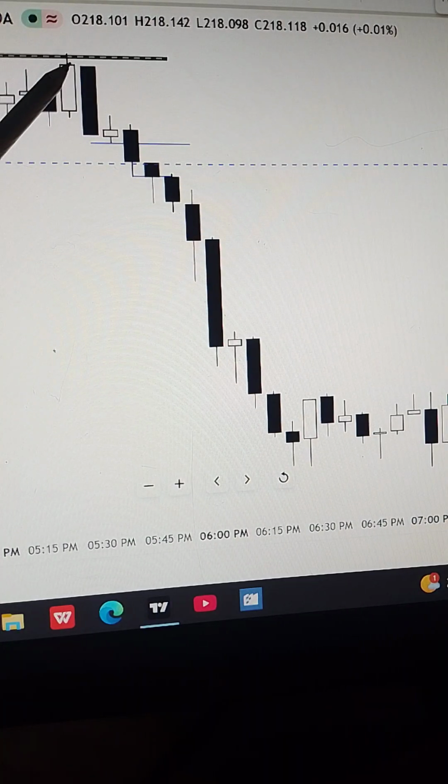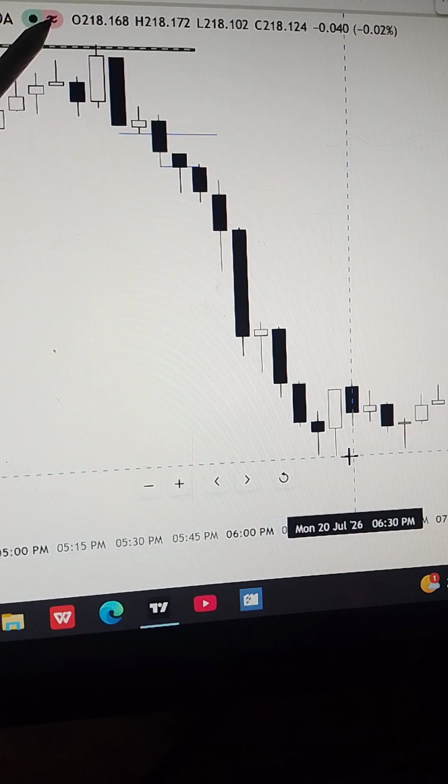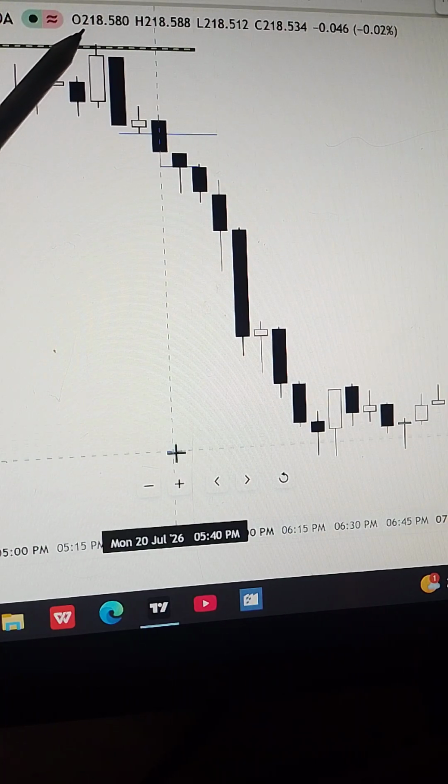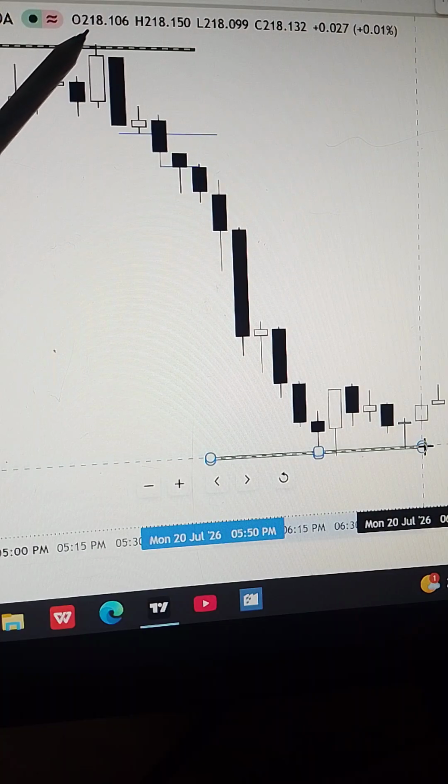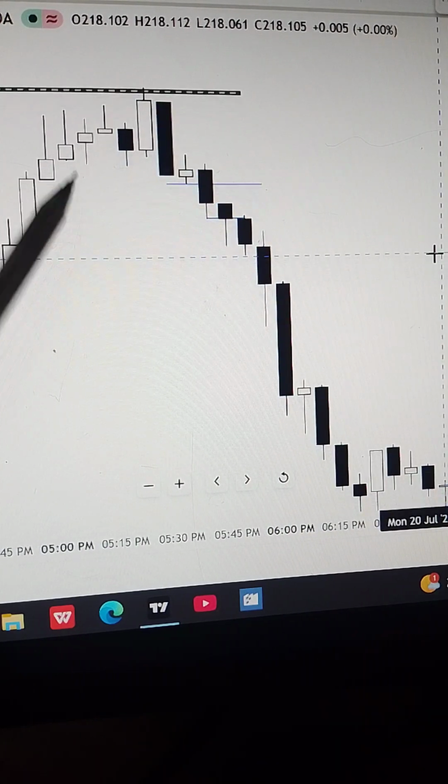So imagine from this point, from this our entry to where the market reached before it started consolidating, because you can see the market started consolidating before it goes bullish. Imagine stacking more positions.